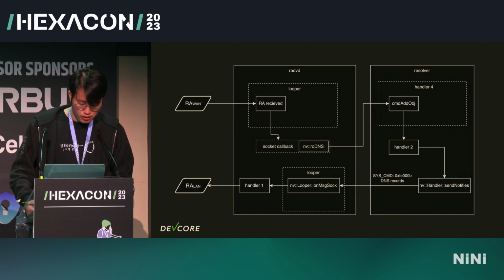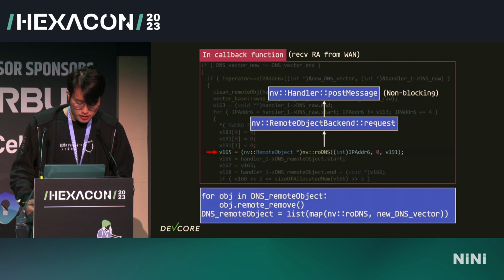Also, because handler 1 of RADVD subscribes to the resolver's handler 2, handler 2 will notify with every DNS address it has now. So handler 1 constructs the RA for the LAN with these DNS addresses. The problem is in the implementation of our DNS. Let's send over the message by post message, which is non-blocking.